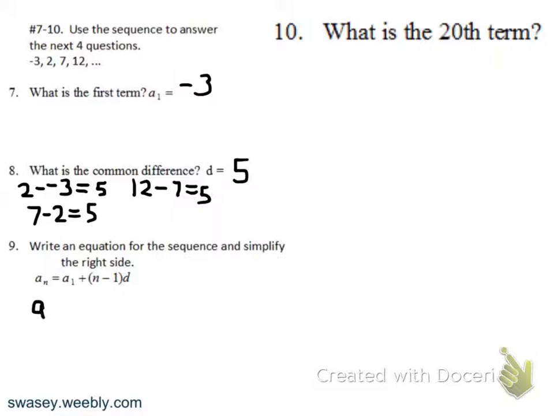Substitute in place of a sub 1, put -3. In place of your d, the common difference, put 5. To simplify that, we'll distribute.